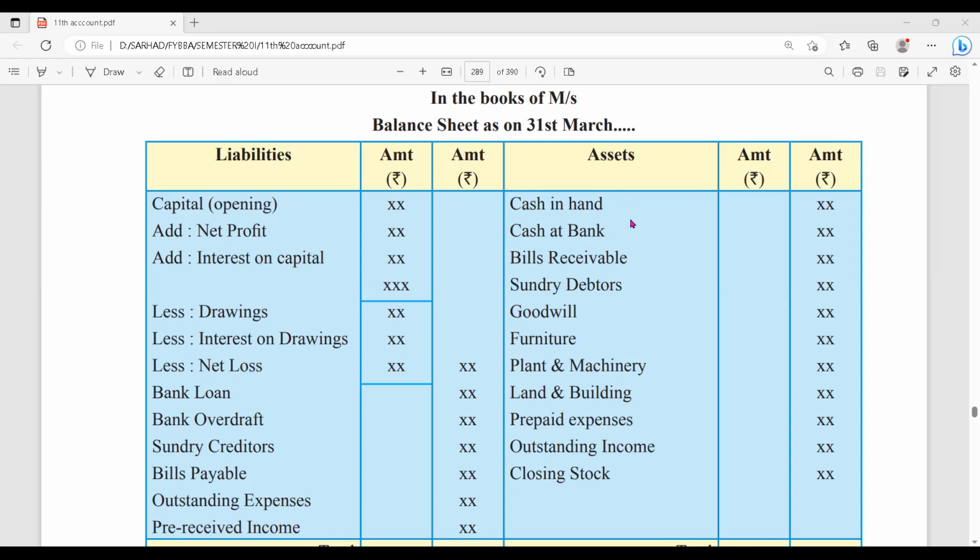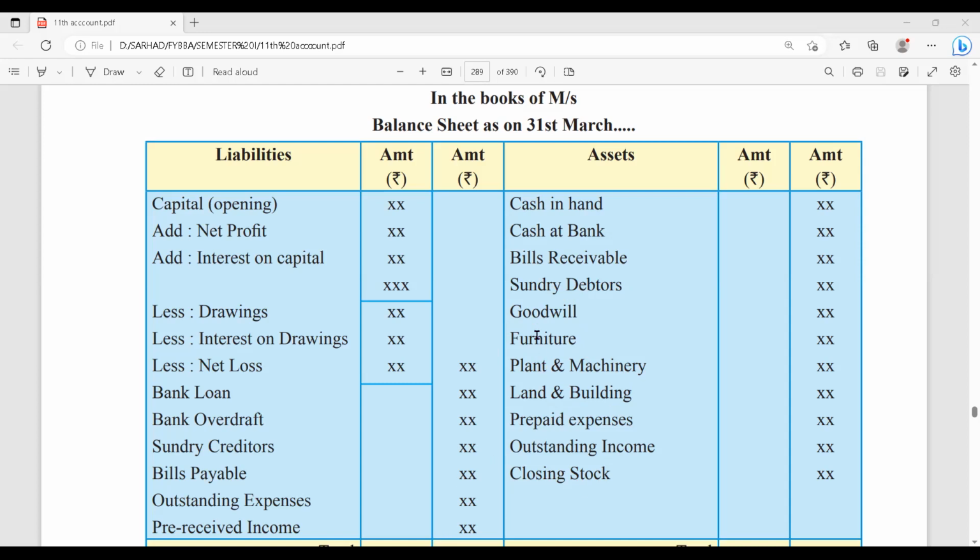On the asset side, there are whatever properties you have and closing balances you have in hand at the end of the year. That includes cash in hand, cash at bank, bills receivable, sundry debtors, goodwill, furniture, plant and machinery, land and building, prepaid expenses, outstanding income, and closing stock.